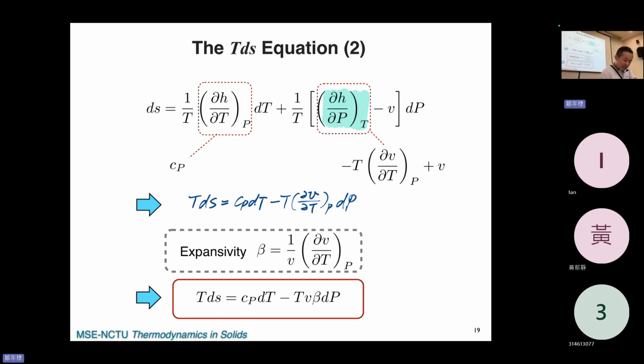And luckily, you see, partial V over partial T at constant P is expansivity, right? So this divided by V is expansivity. So this can be written as V beta. All right, so this is the second equation.